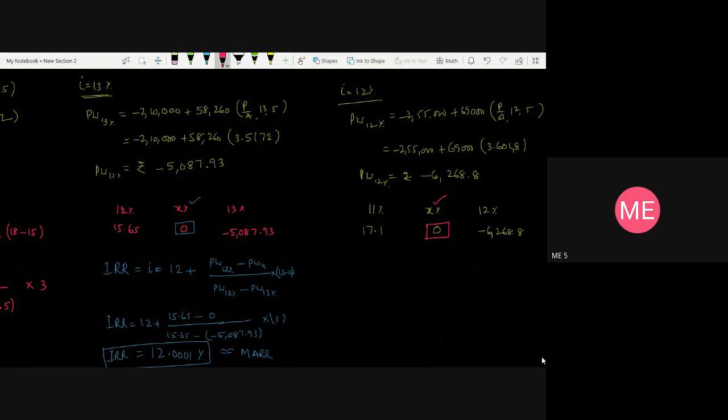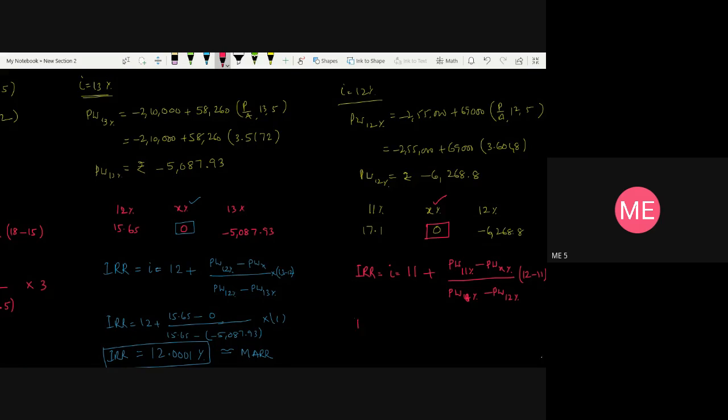By using the equation, IRR, or I, is equal to 11 plus present worth at 11% divided by present worth at 11% minus present worth at 12%, into the difference, that is 12 minus 11.